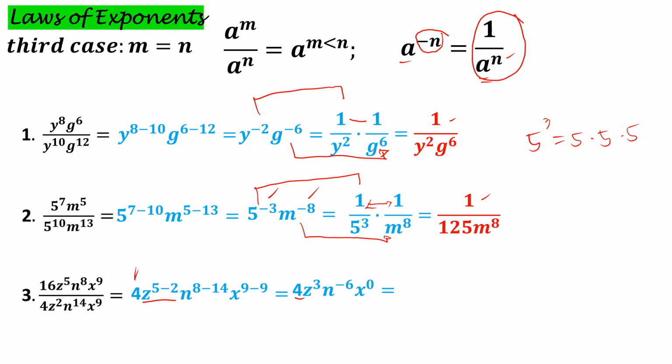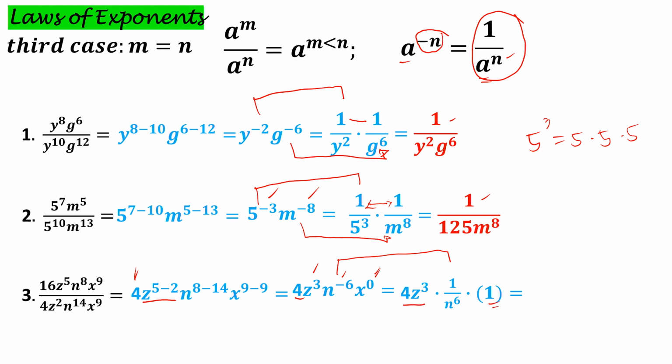Remember that we have the 3 cases: the positive exponent, the 0 exponent, and the negative exponent. So if that's the case, we need to simplify them all. So simplifying them, 4z cubed remains as is, and then the n to the negative 6 will be equivalent to 1 over n to the 6, and then any base raised to the power of 0 is always equal to 1.